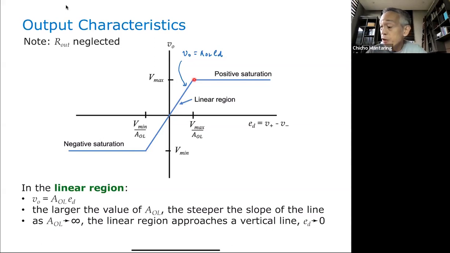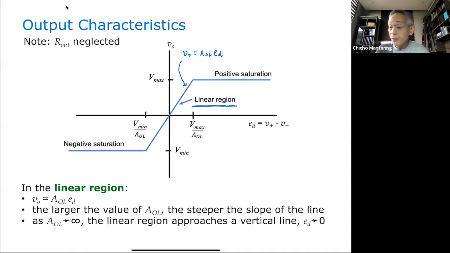The maximum value Vmax is positive saturation, and the minimum value Vmin is your negative saturation. When it operates from this point to this point, we say it is operating in the linear region. Here, it is in positive saturation. Here, it is in negative saturation.